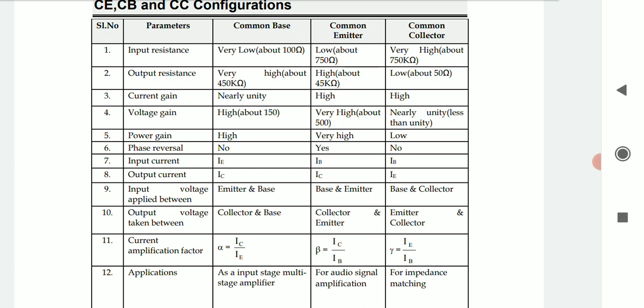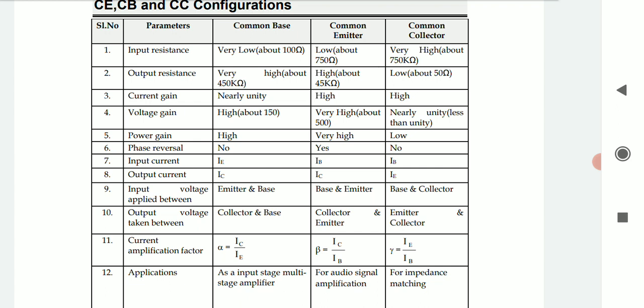Common collector is used for impedance matching. Impedance matching means resistance matching. If the output resistance of one stage is high and the input resistance of another stage is low, we cannot connect them directly. In that case, the common collector may be placed in between these two stages.